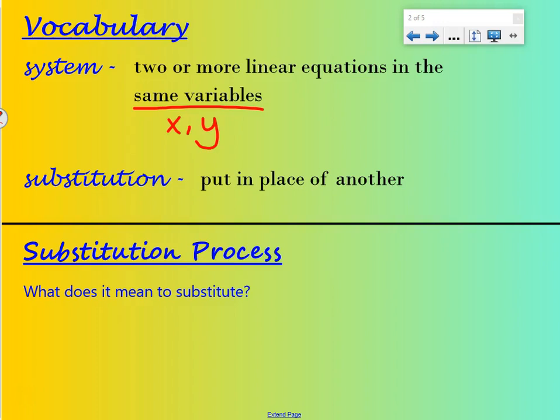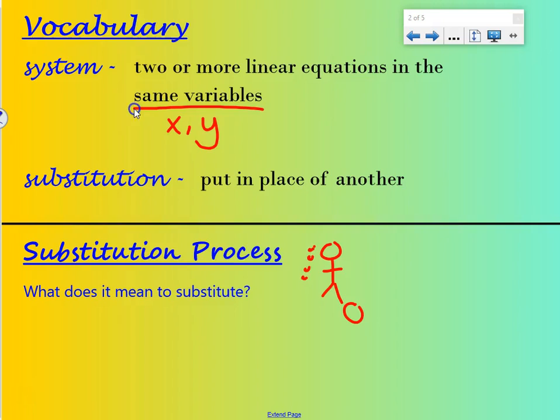If any of you guys have played a sport, there's substitution in the sport. You take one player and you substitute it for another player. So if I have Kevin here, who's on the field kicking a soccer ball, but he's tired, he's out of breath, he's sweating, he needs a break. So he says, "Coach, I need a break."